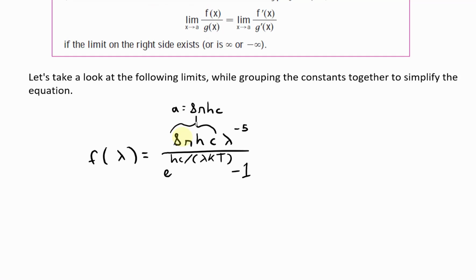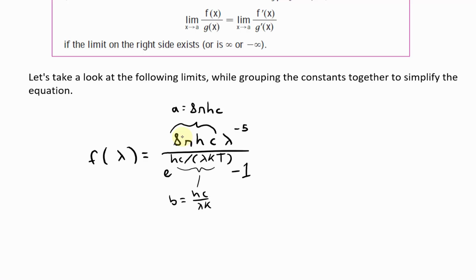And I'm also going to take this and move it over here. We'll call this b. B equals just this part here, so hc over lambda k. Actually no, we can't put the lambda there.